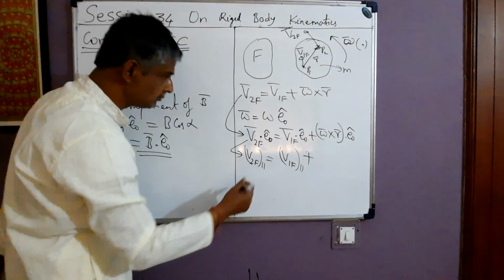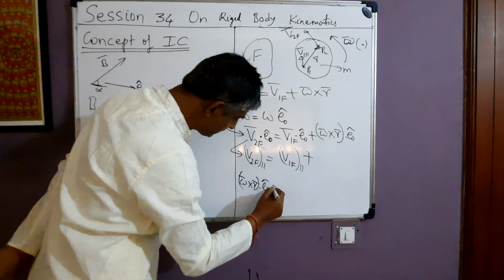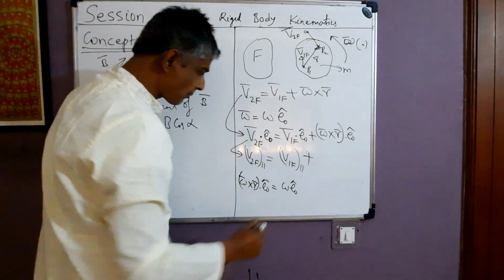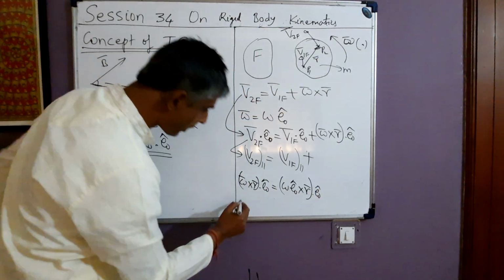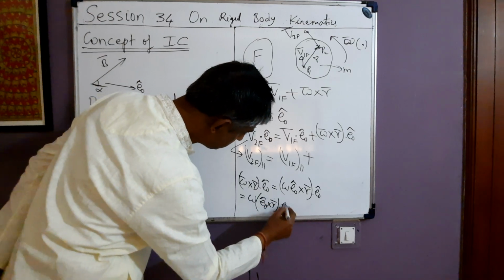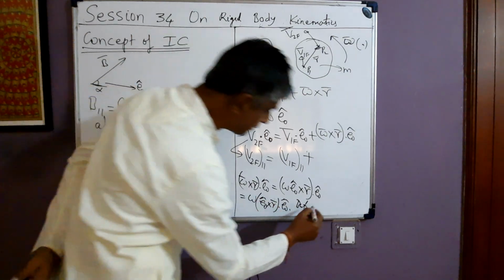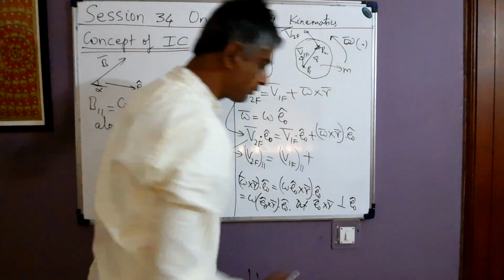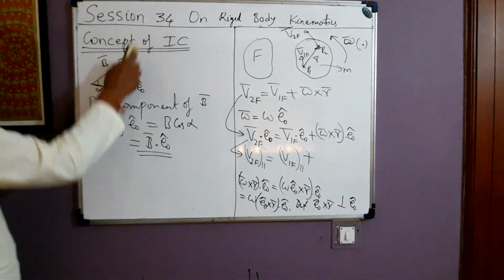Now see, this term omega cross R dot E naught can be written as omega into E naught hat cross R dot E naught hat, that is, omega into E naught cross R dot E naught hat. But we know that by the property of cross product, E naught cross R is normal to E naught.